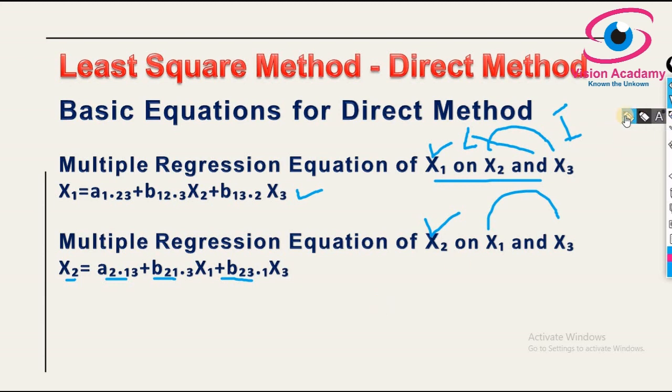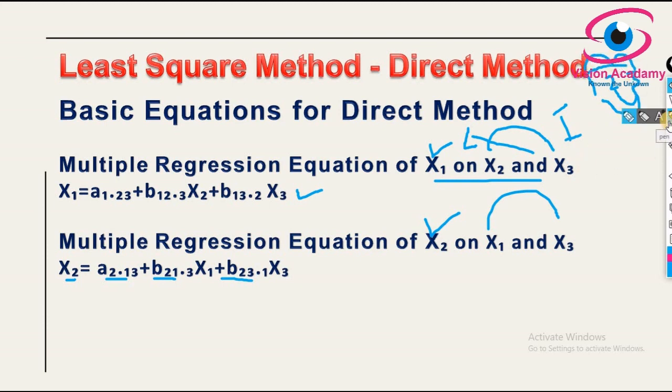So we have already finished two combinations. Since we have three variables, 1, 2, 3, under study here, we saw firstly x1 on x2 and x3, and now we saw x2 on x3 and x1. Now only one option is left, x3 on x2 and x1.